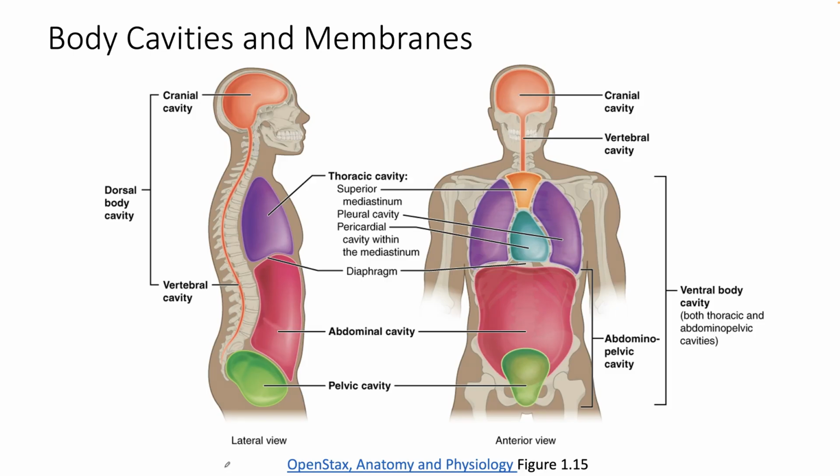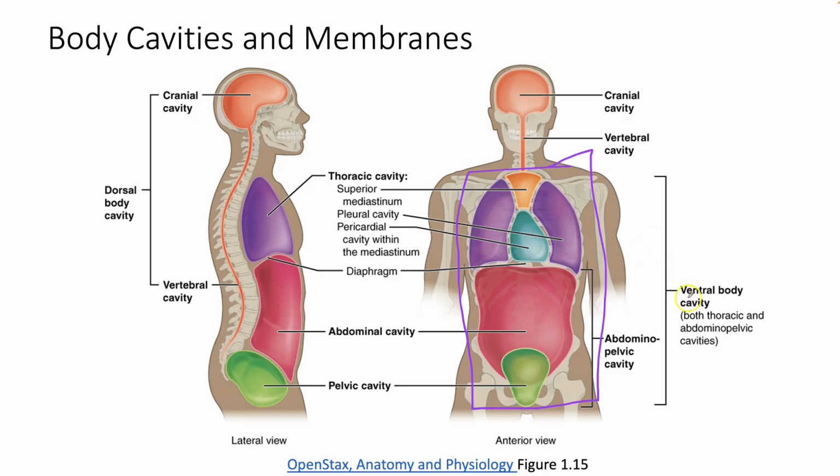On the left side, we've already looked at the dorsal cavity, the cranial and the vertebral. Now we're going to focus on the ventral cavity. In the figure on the right, this entire area is contained in the ventral body cavity.